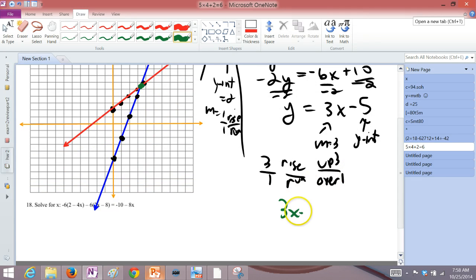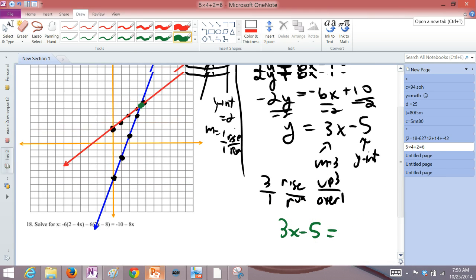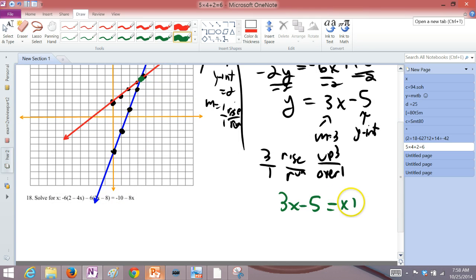Where does 3x minus 5 equal x plus 2? That's where 2x equals 7, or x is 7/2.